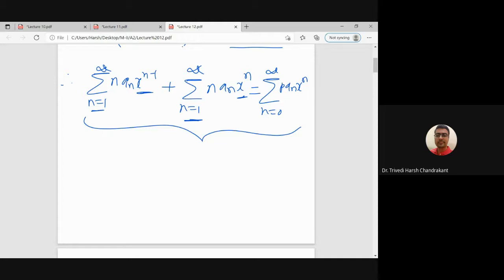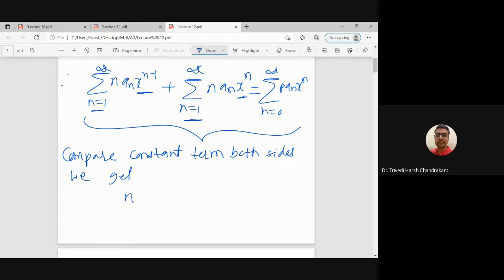So the constant term, if we compare both the sides. Left side constant term is for n equals 1, so that is a1.